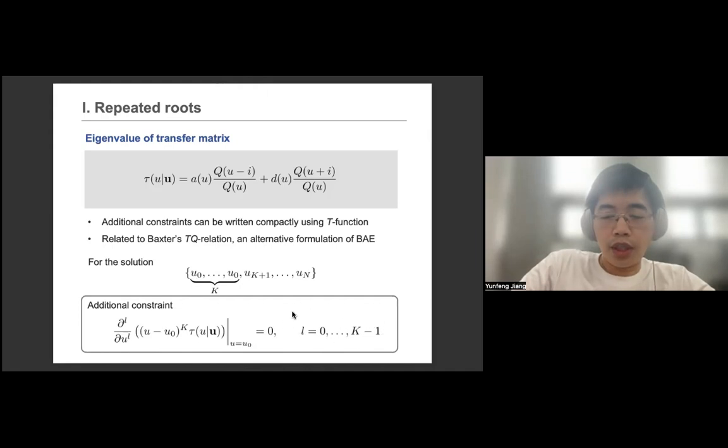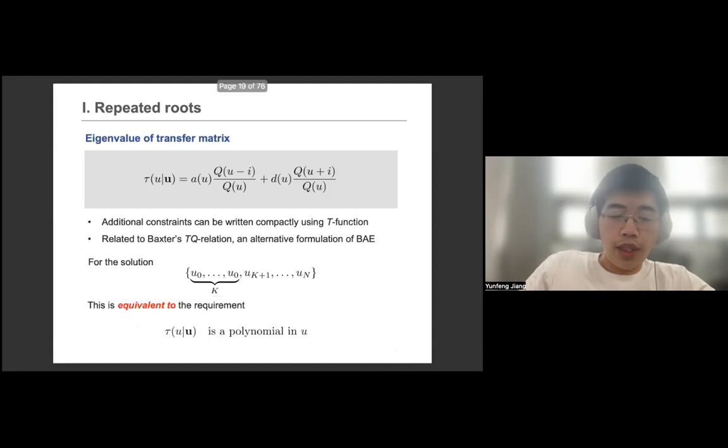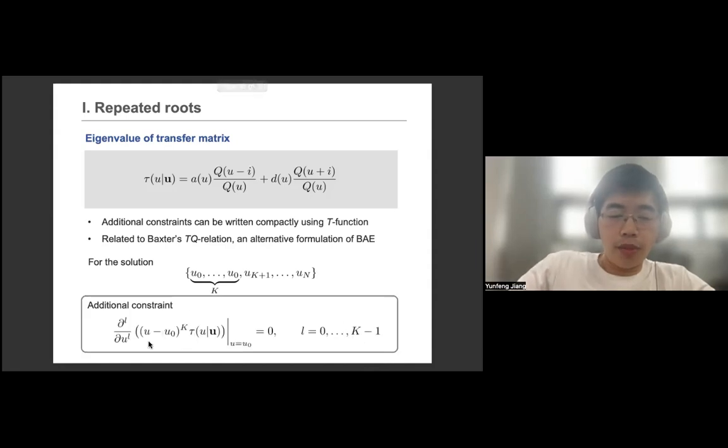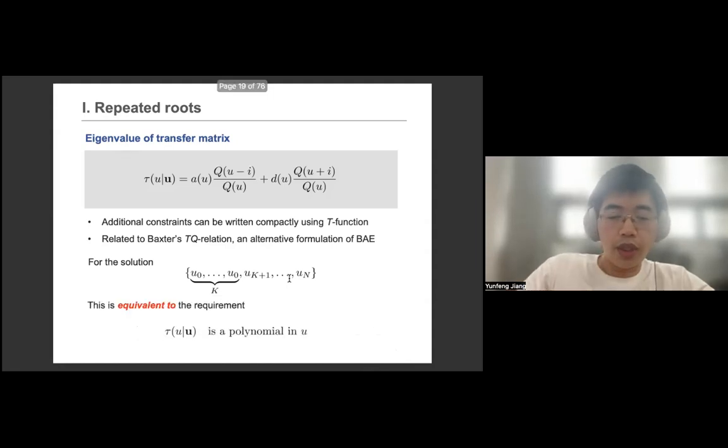Because l runs from 0 to k minus 1, you actually have k constraints for this one rapidity u0. We can see easily that this additional constraint, together with the usual Bethe equations, is nothing but equivalent to the requirement that this tau of u is a polynomial in u. This is an important observation.